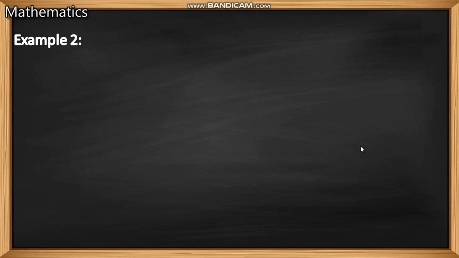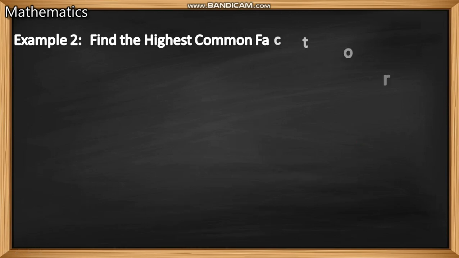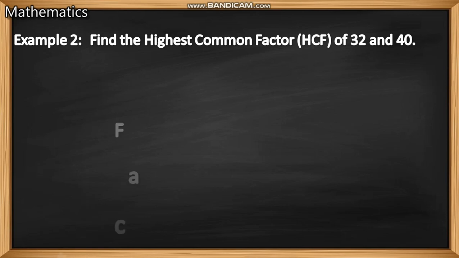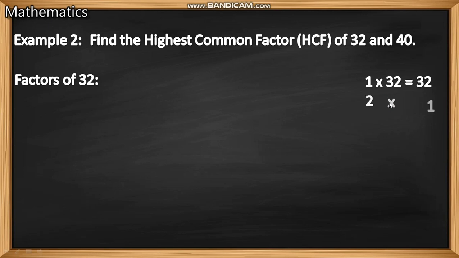Example 2. Question: find the highest common factor, that's HCF, of 32 and 40. Here we want to find the highest common factor of 32 and 40. Step 1, write the factors of 32. We know 1 into 32 is equal to 32 and 2 into 16 is equal to 32.